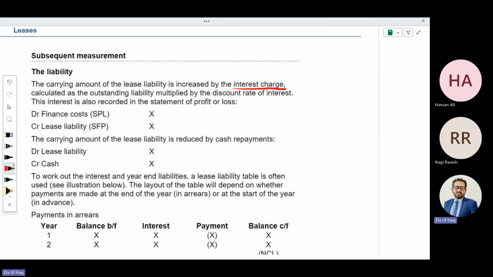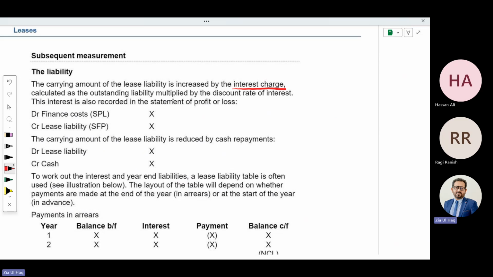The year-end liability we calculate by adding the interest to the initial present value. The present value is calculated at the start of the year, but we need to record the liability at the end of the year in the balance sheet, so we include the interest amount as well.